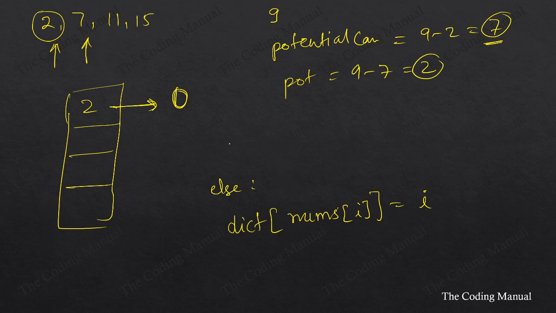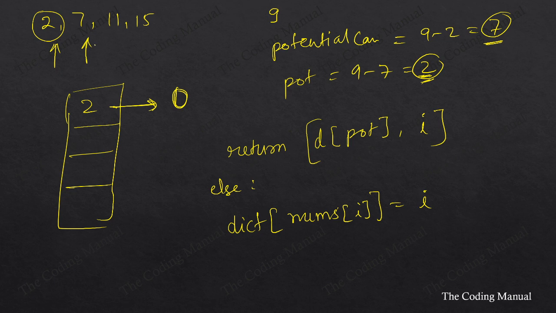So when 2 exists, I'll return the value of this potential candidate and the current index we have in the sorted order.